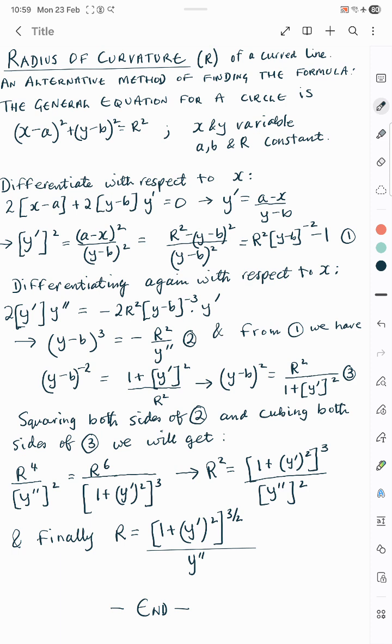And then finally, taking the square root of both sides, we'll have r = (1 + y'²)^(3/2), the whole bracket raised to the power 1.5 or 3/2, and the denominator just becomes y'' or d²y/dx².